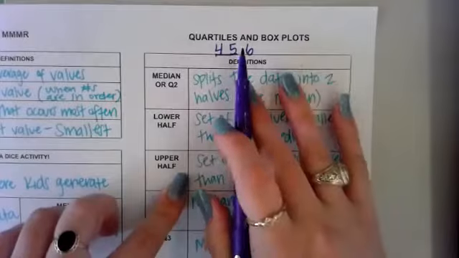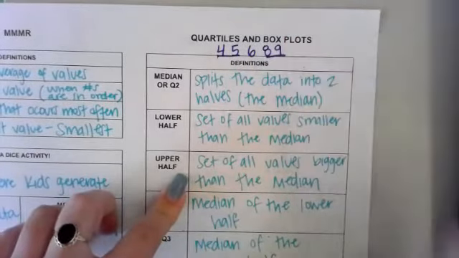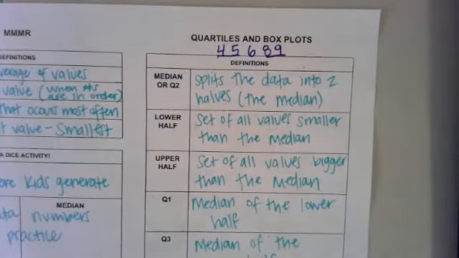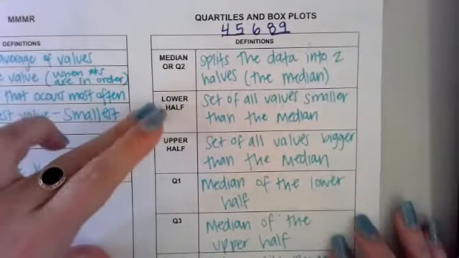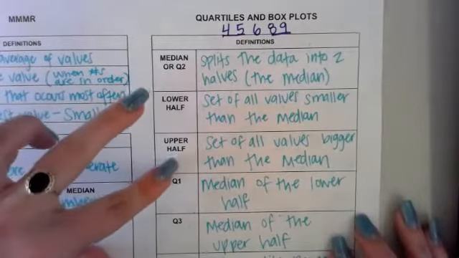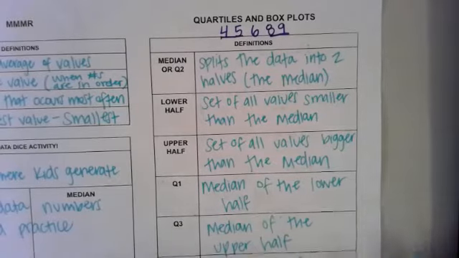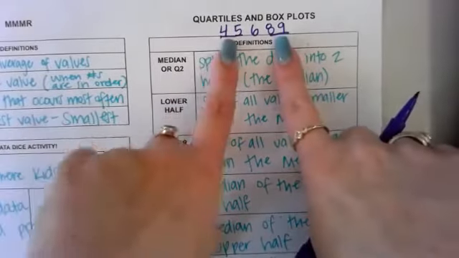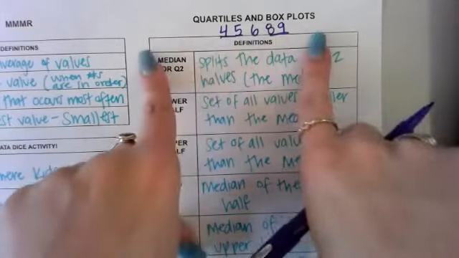So if 6 is my median, I have the numbers 8 and 9, and this would be the upper half of the data set. In this particular example, the halves are pretty small, because I don't have that many numbers in our data set.